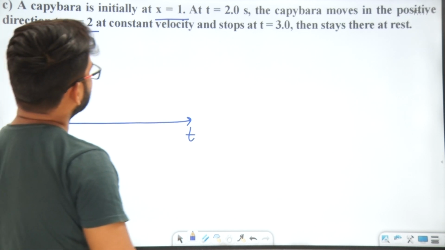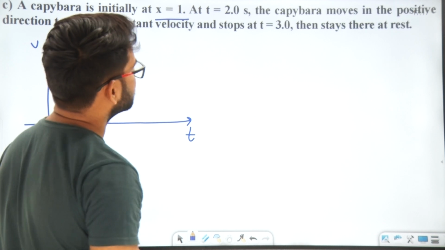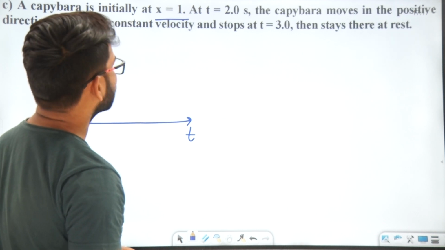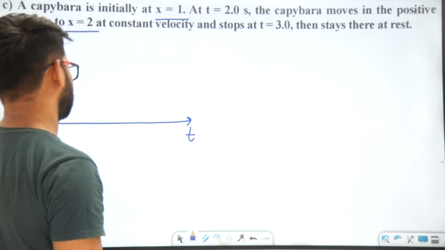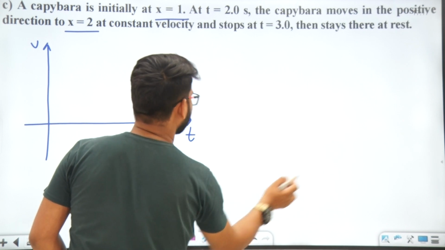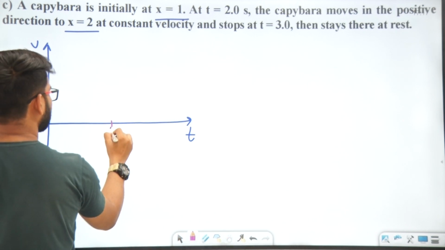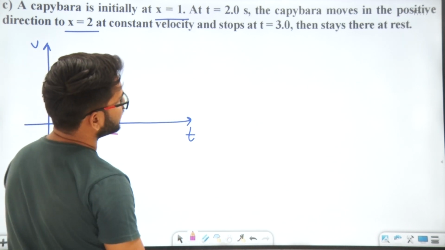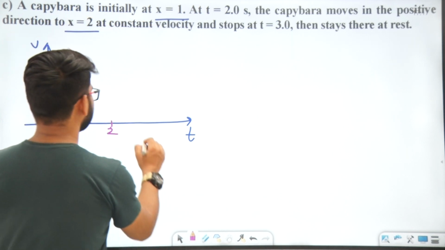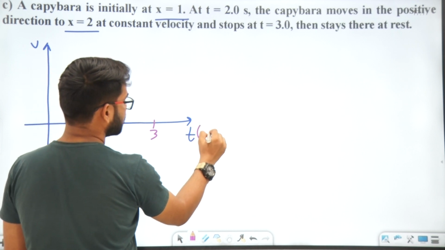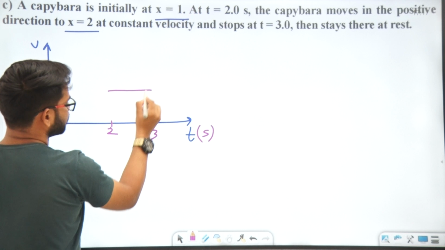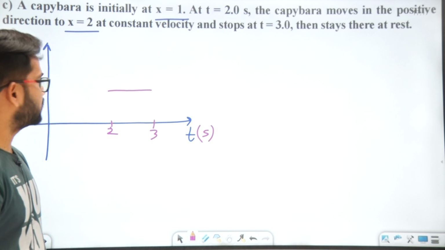For 2 seconds it is at the same position, right? And then it moves with constant velocity till 3 seconds. So for 1 second it's moving with some constant velocity.